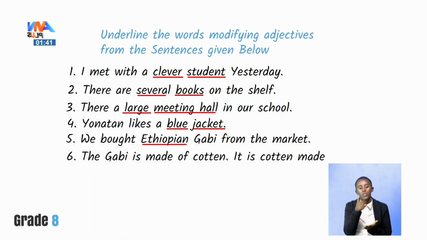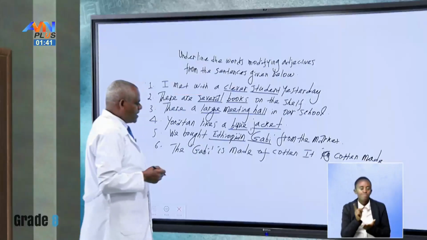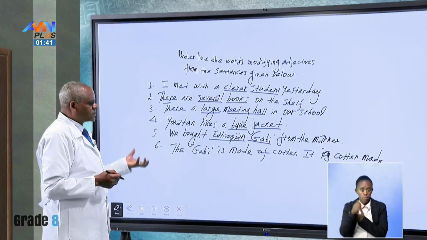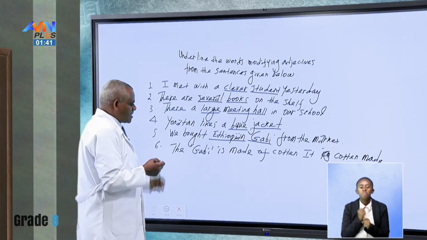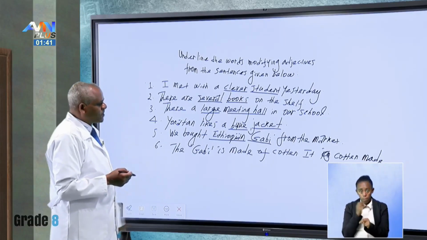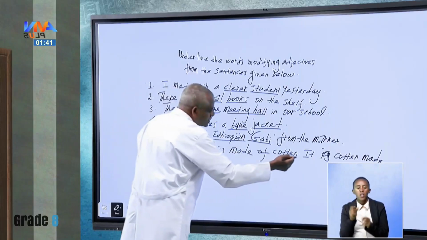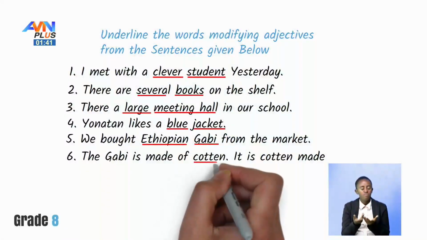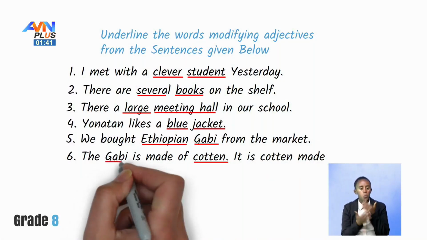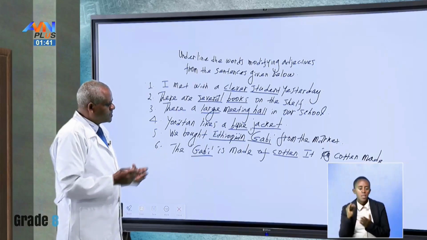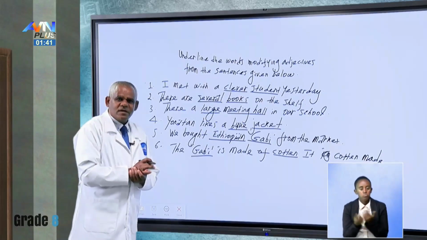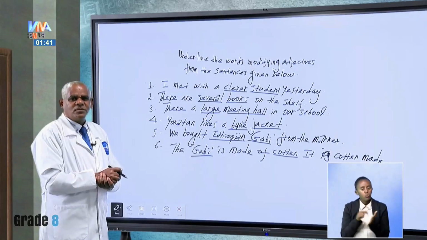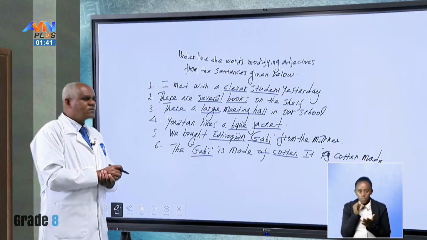What's that? Gabi. And finally, the material it was made of. You see? The gabi is made of cotton. Here it is an adjective. We are talking about the gabi. If you are doing it in such a way, that's interesting, students. I'm sure that it is clear about adjectives. Shall we go to the next one?